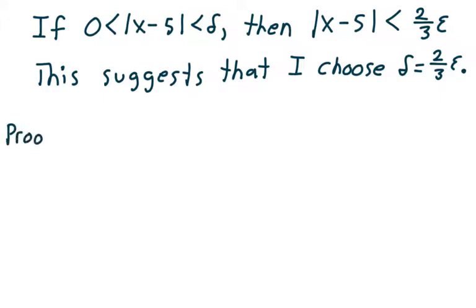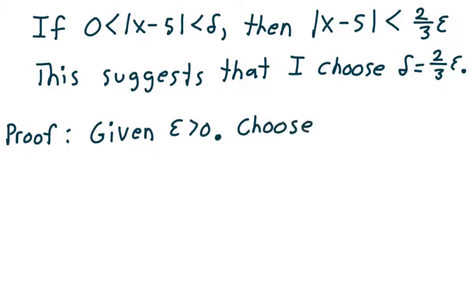So let's look at the proof. Given epsilon greater than 0, we need to find a delta, okay? So I'm going to choose delta. We just need one that works. So I'm going to choose it to be 2/3 epsilon.